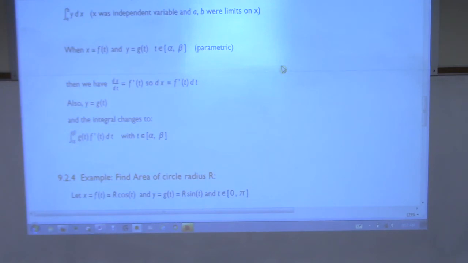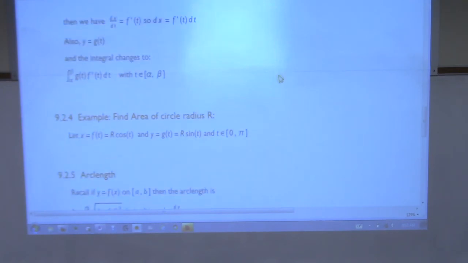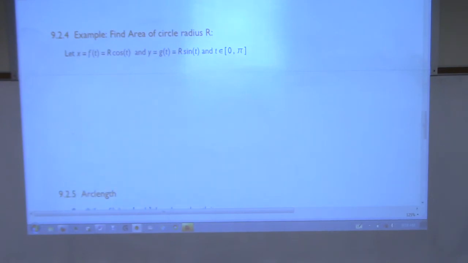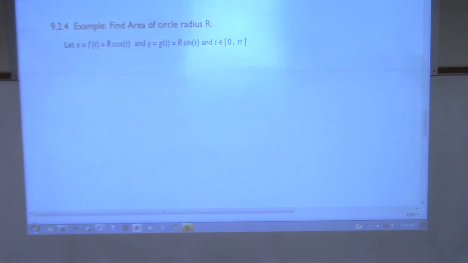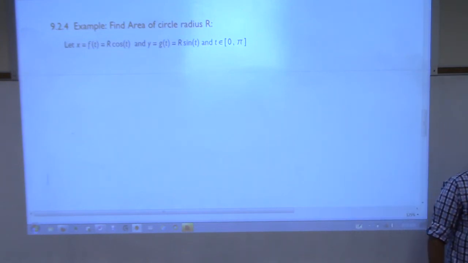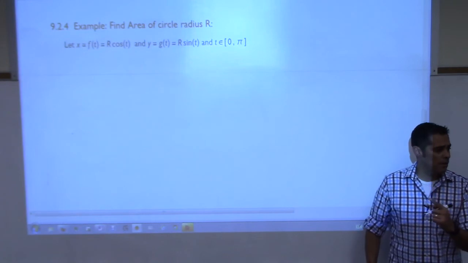So we're going to start pretty bold here. We're going to try and verify the formula for the area of a general circle of radius capital R. Now we all know the area of a circle of radius capital R is pi r squared, right? We're going to prove it. Now, do y'all remember we proved this before?